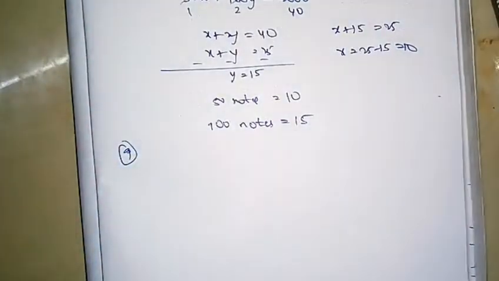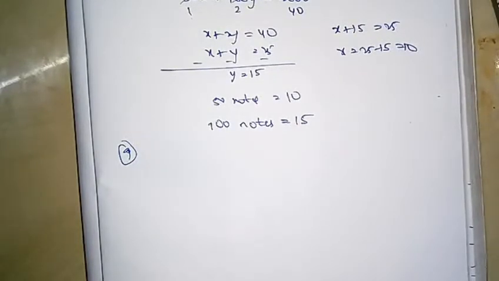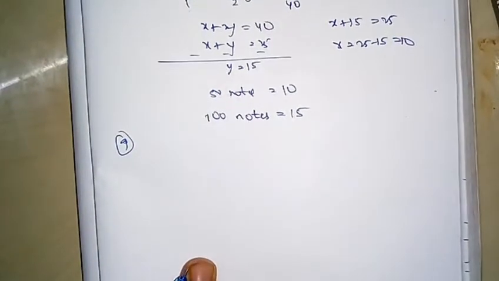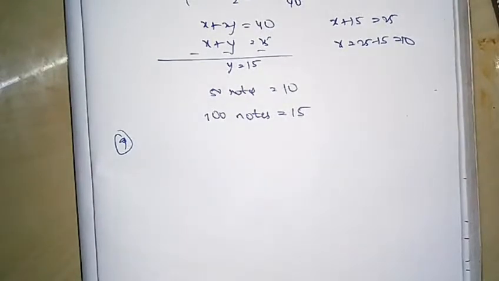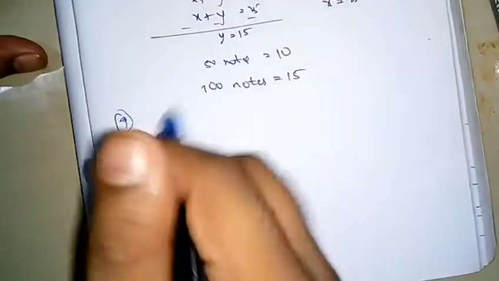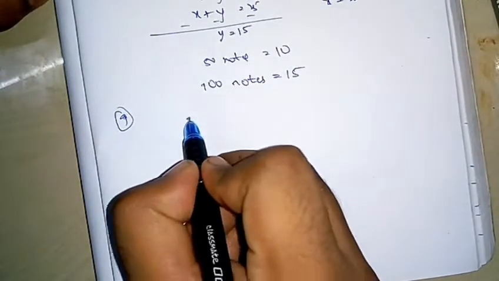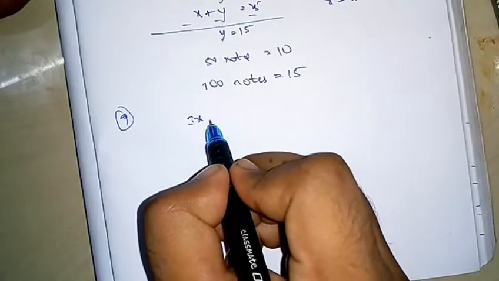Solve this question. In a competitive exam, 3 marks are awarded for each correct answer, and for every wrong answer, 1 mark will be deducted. Madhu scored 40 marks in the exam. Had 4 marks been awarded for each correct answer and 2 marks deducted for each wrong answer, he would have scored 50 marks. Let the number of correct answers be x and the number of wrong answers be y.